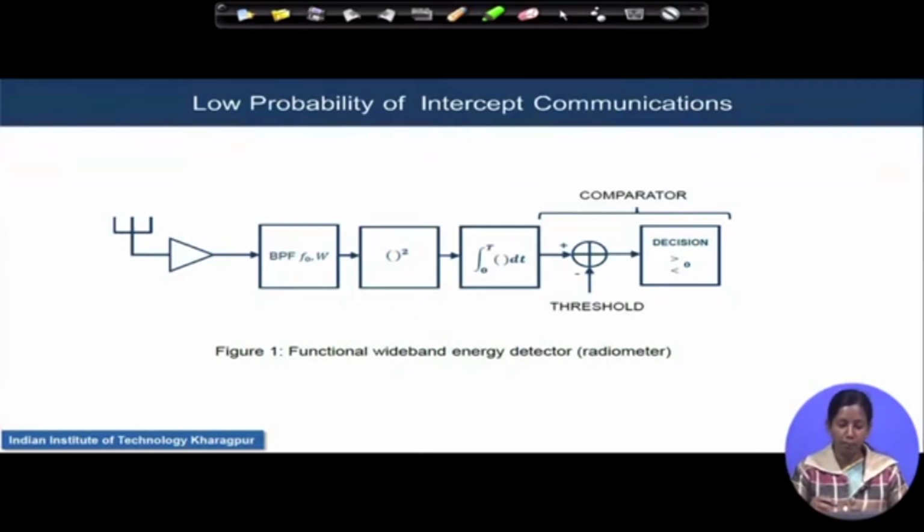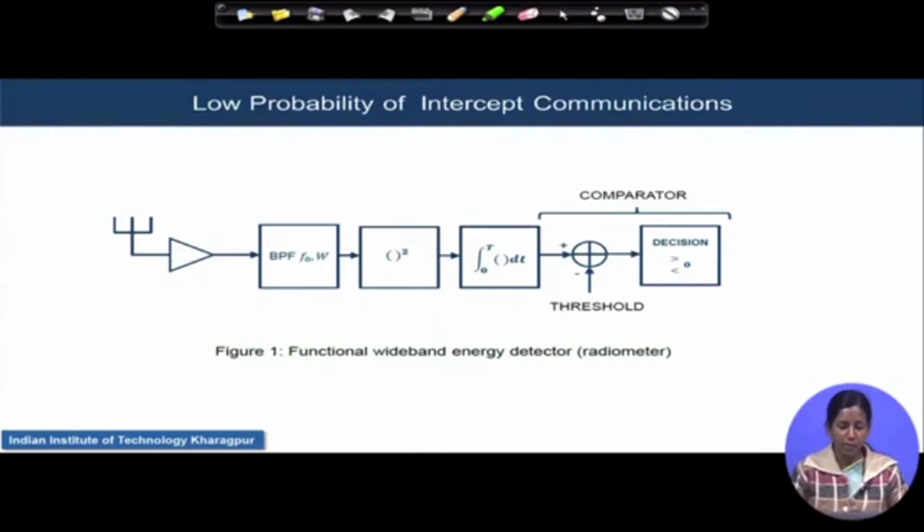Then there was a threshold comparator, and this threshold was pre-selected based on the noise statistics. The decision was that the signal is present when the output of the integrator is above the threshold, and if it is below, the decision is negative.